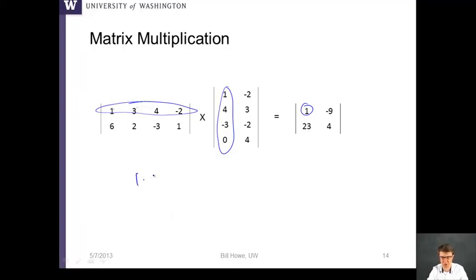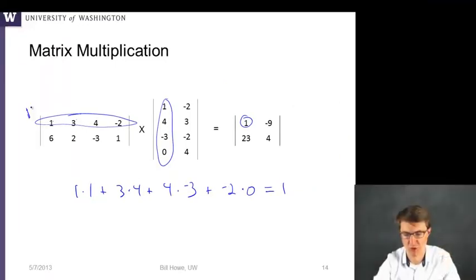Right, so it's 1.1 plus 3.4 plus 4.-3 plus -2.0, and that should equal 1. Okay, and so on. So that's, let's just say row 1 and column 1 dotted together gives you this position.